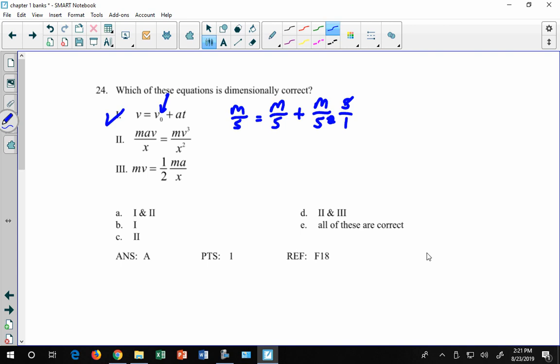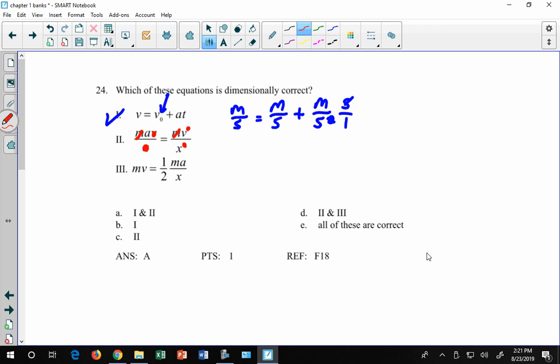This one, first, I can simplify it a little bit. I can get rid of the m's, I can get rid of this v with that v, and I can get rid of this x with one of these x's. So I'm left with that. And then you can probably look at that and tell good or not. Can you look at it yet? No, you can't.